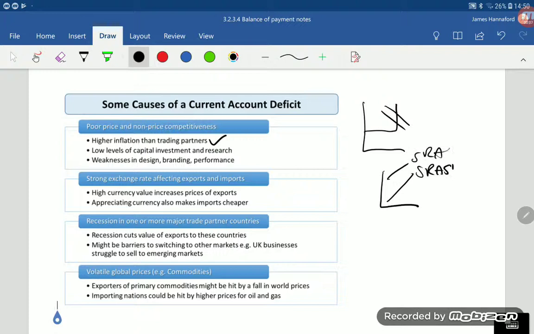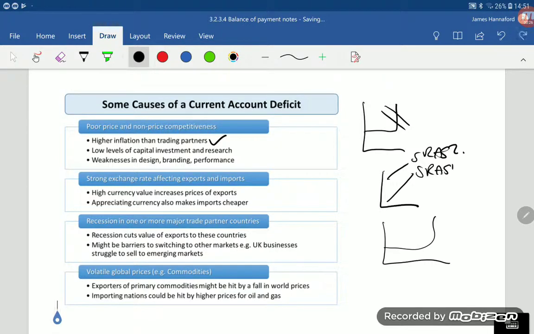Maybe a national minimum wage was introduced, or the cost of raw materials purchased from abroad has increased. It could be a number of reasons. In other words, the cost of the factors of production have increased. Maybe we have high inflation because we've had inadequate supply side policies.